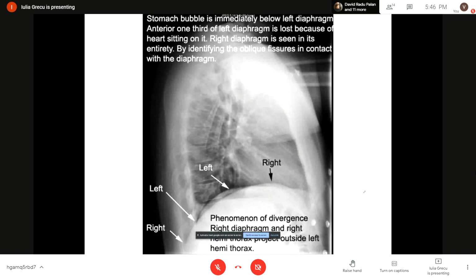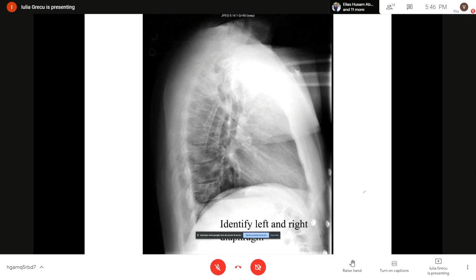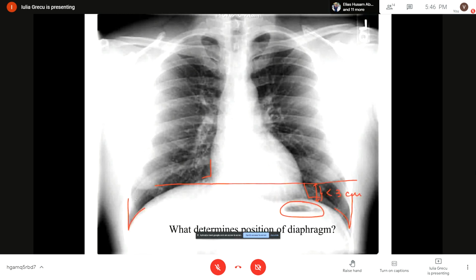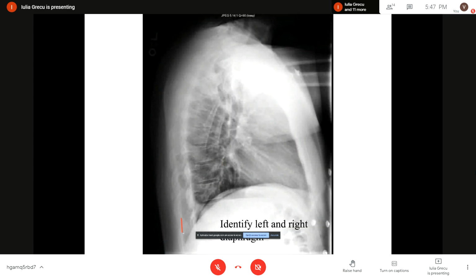Passing along, we finished with the soft tissues and bony structures. We moved along to the diaphragms and the costodiaphragmatic angles. These are the lateral costodiaphragmatic angles, cardiodiaphragmatic angles, and here are the posterior costodiaphragmatic angles.